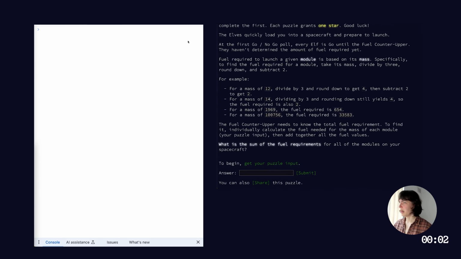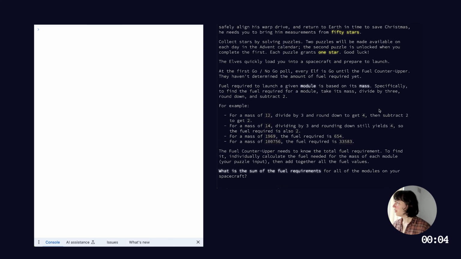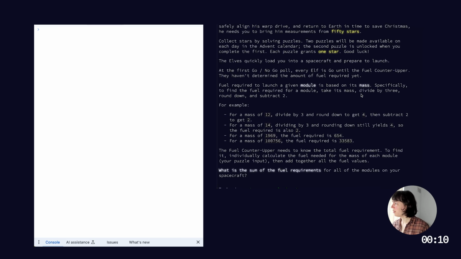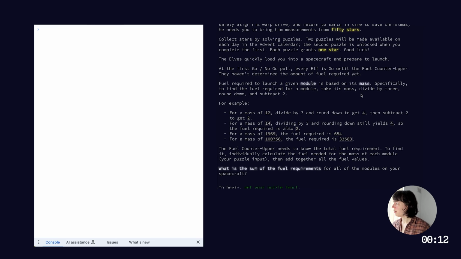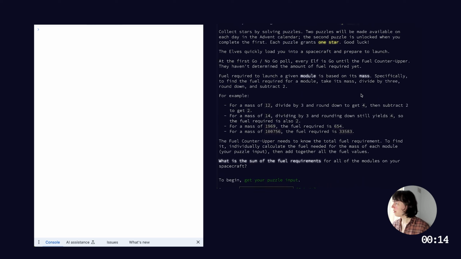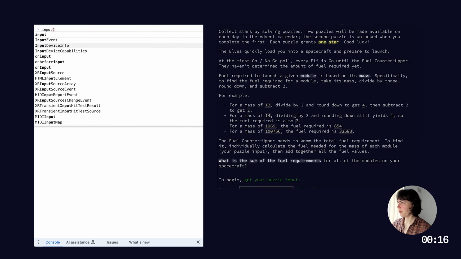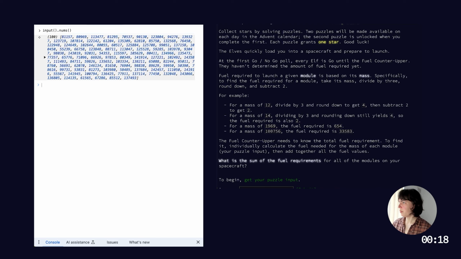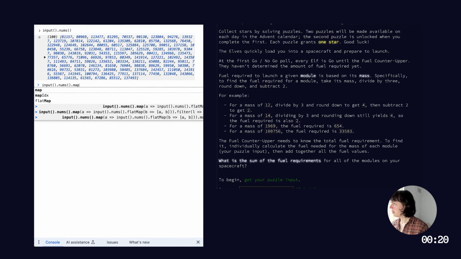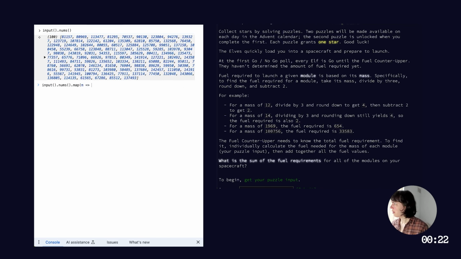Some of the fuel requirements. Fuel required is based on its mass. Take its mass, divide by 3, round down, and subtract 2. All right. Okay.